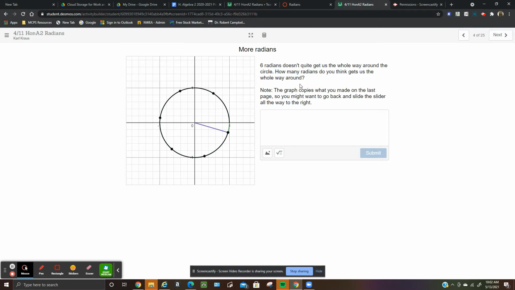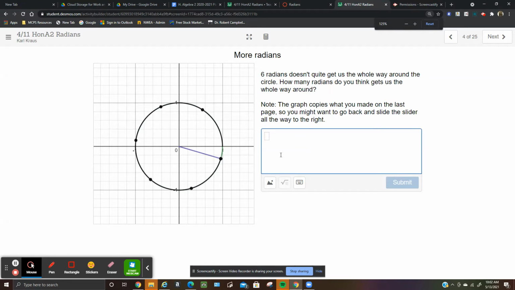How many radians do you think is the whole way around? The graph you made on the last page. So you might want to go back and put the slider all the way. We did that already, but just to see the relationship, the circumference, and this is going to be on other slides here. Let's make this bigger.